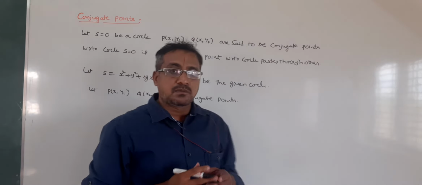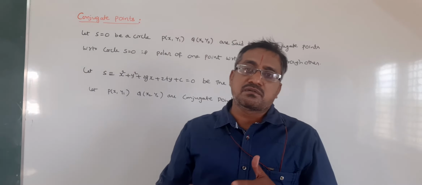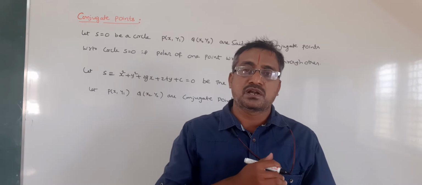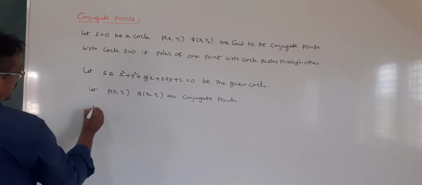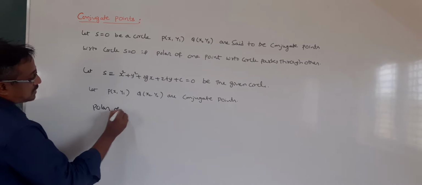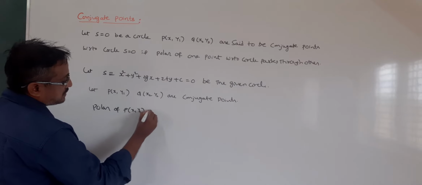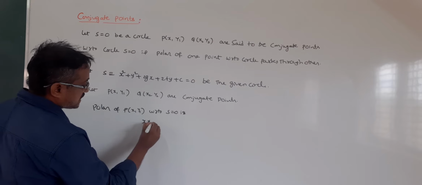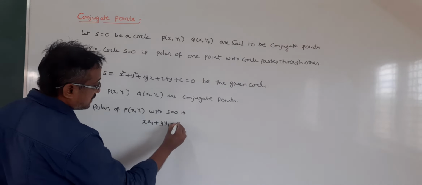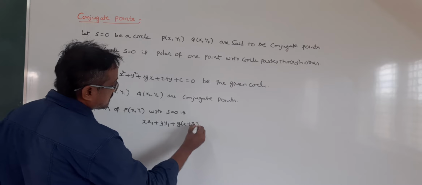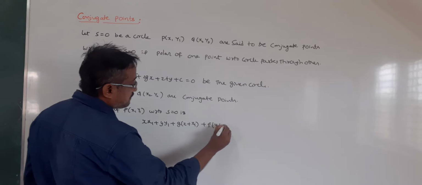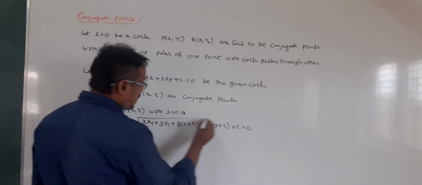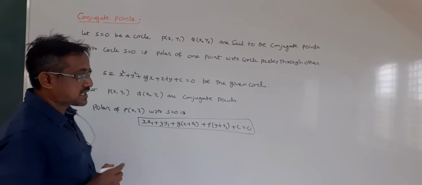That means if you find the polar of P with respect to the circle, it has to satisfy the point Q. Now the polar of P(x1, y1) with respect to S is equal to 0 is xx1 plus yy1 plus g of x plus x1 plus f of y plus y1 plus c is equal to 0. Now this is the polar of the point with respect to the circle.